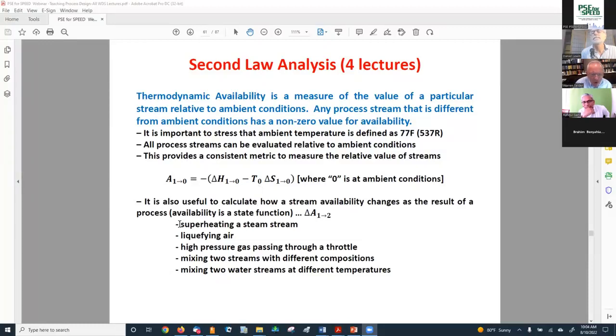So we do this now for superheating a steam stream, liquefying air, taking a gas at high pressure and passing it through a throttle, a valve, mixing 2 streams with different compositions, and mixing 2 water streams at different temperatures to see just what is the change in the availability.